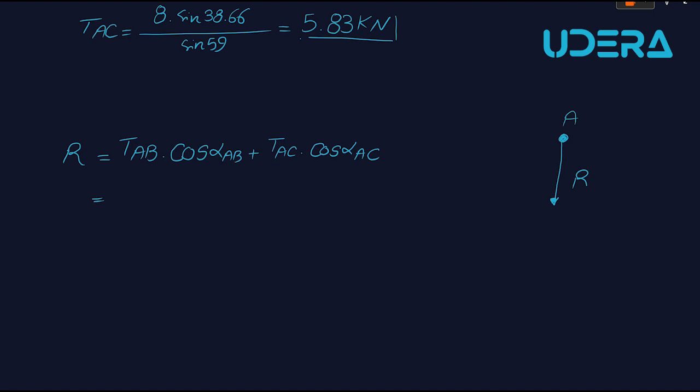Everything is known. We only have to substitute the values. 8 times cosine of 38.66 plus 5.83 times cosine of 59, and the result is 9.25 kilonewtons as the sum of two vectors TAB and TAC along the vertical direction.